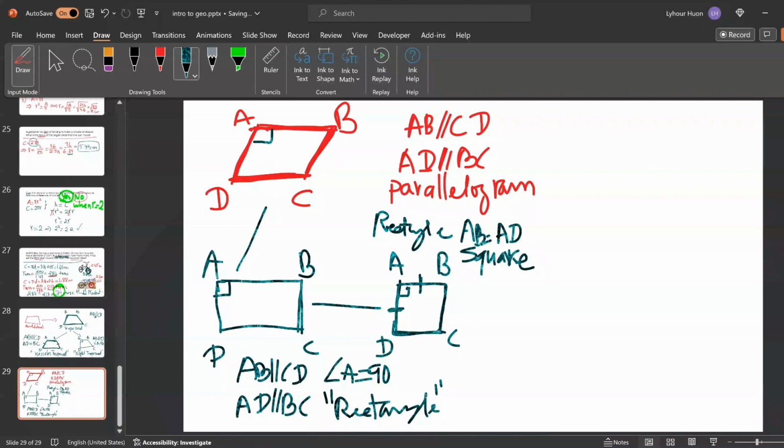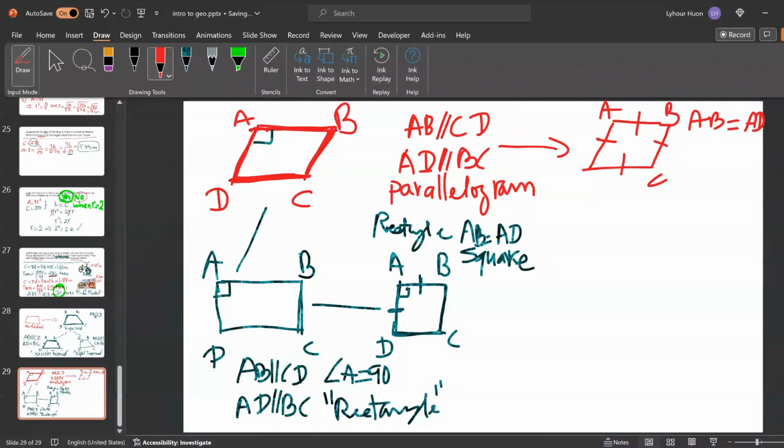And the next one is a parallelogram. Okay, I can explain it. A parallelogram, but with special cases of two adjacent sides: this equal to this, and this equal to this. Okay, let's name it A, B, C, D. AB equal to AD, and BC equal to CD.